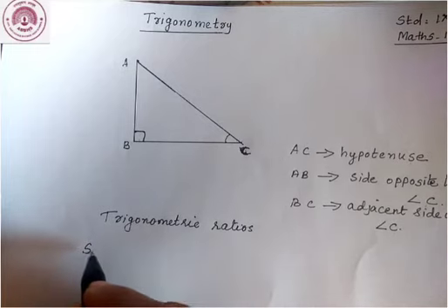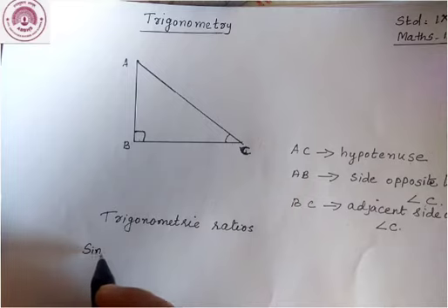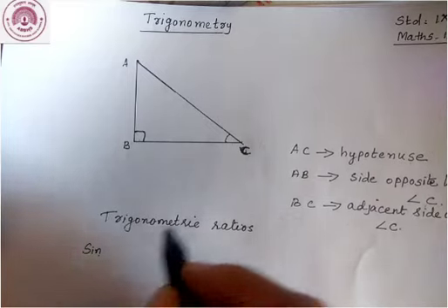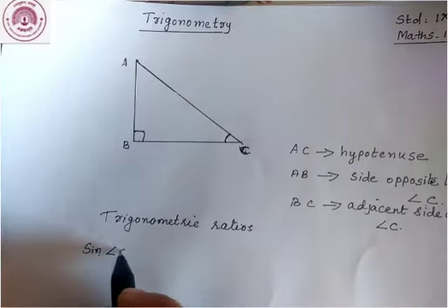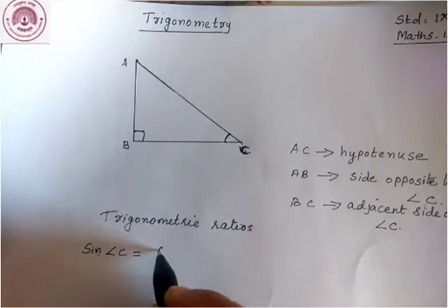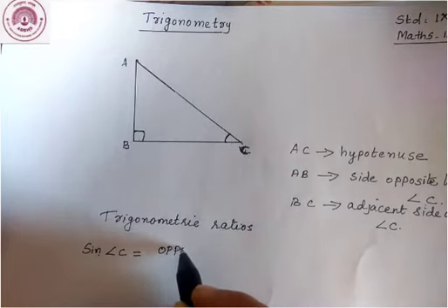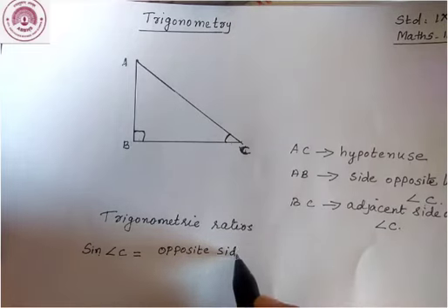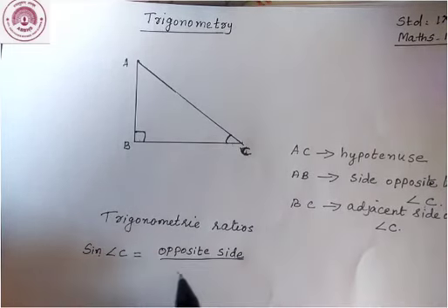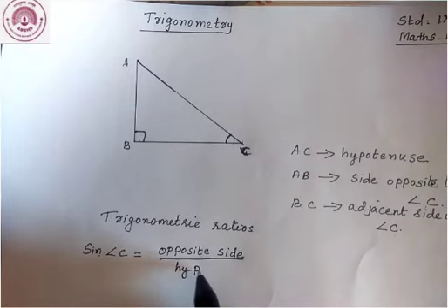First one is the sine ratio. S-I-N-E, sine. Sine ratio, or if we consider angle C, sine angle C, is equal to, the definition is, opposite side upon hypotenuse.